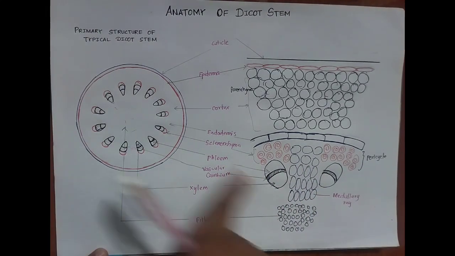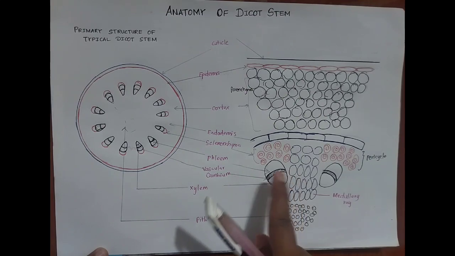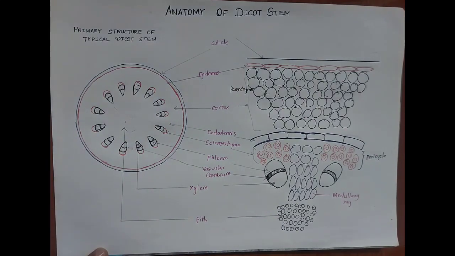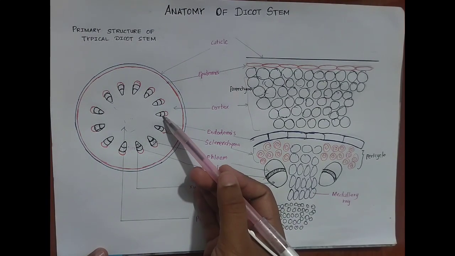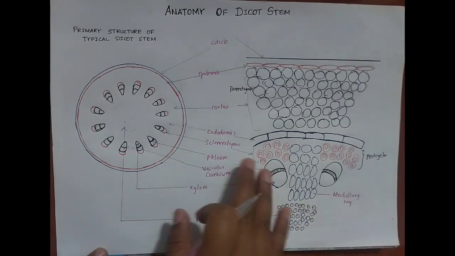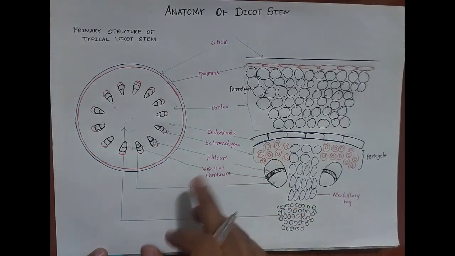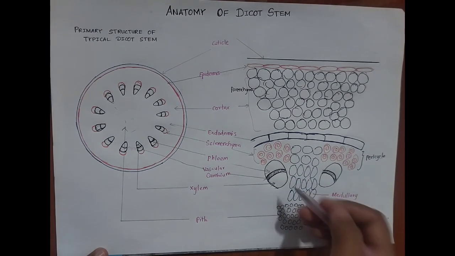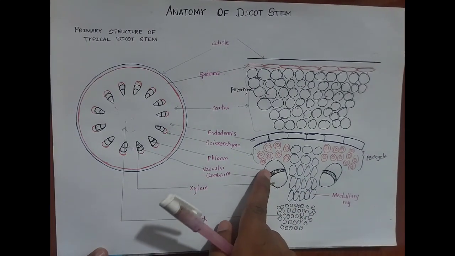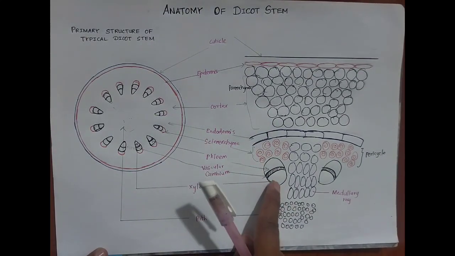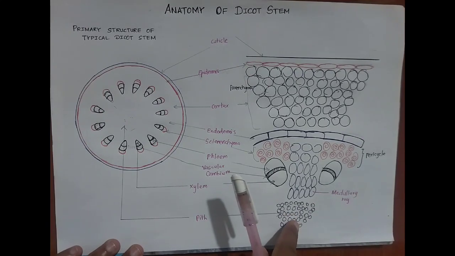Here you can observe the pith. The vascular bundle is arranged as a ring, and we call this the primary phloem and primary xylem because it is in the primary structure. The primary phloem is present towards the cortex, and the primary xylem towards the pith.